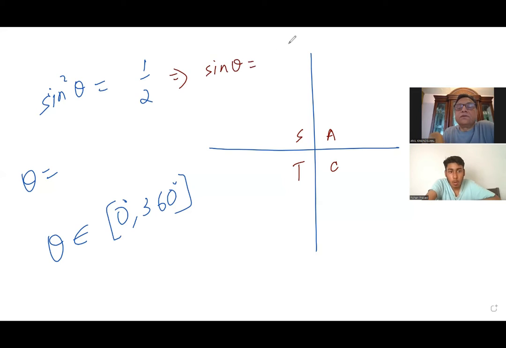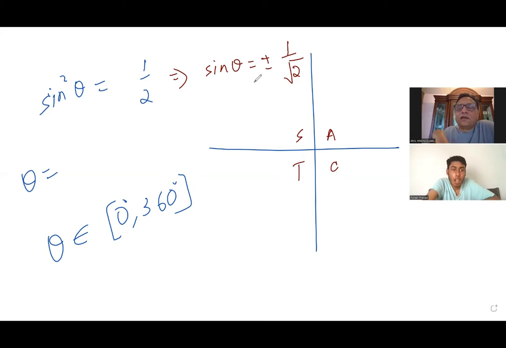Square root, right? 1 over square root 2, or square root 2 over 2. You could write it either way, but with positive and negative both, right? Because negative 1 over square root 2 will also give you half when squared. So whenever you take a square root, take both positive and negative signs. You get the idea?